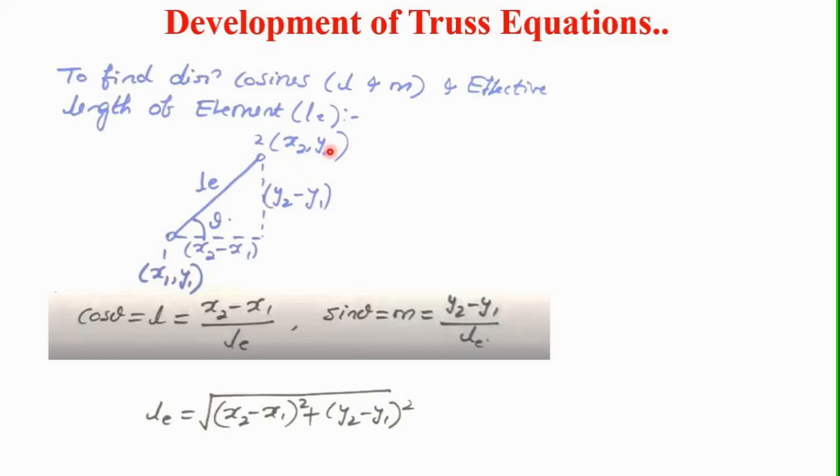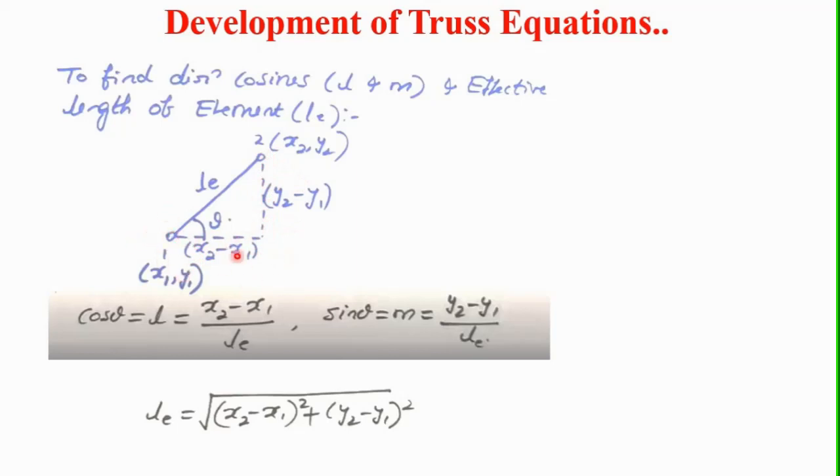The vertical distance will be y2 minus y1 and the horizontal distance will be x2 minus x1.